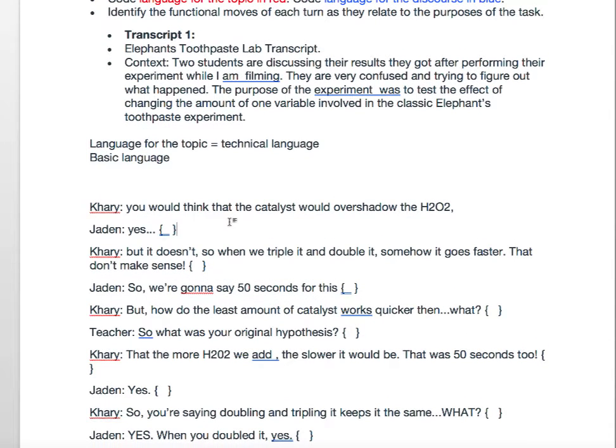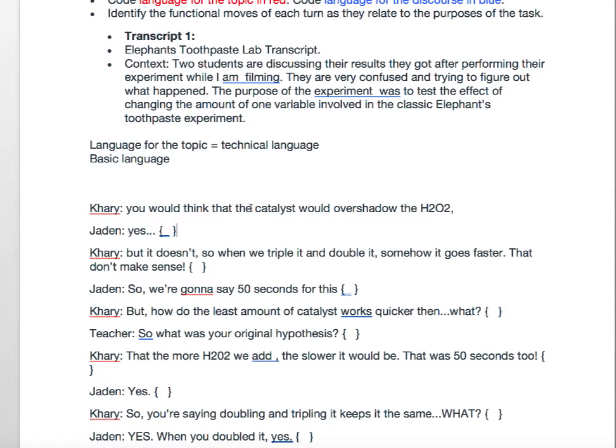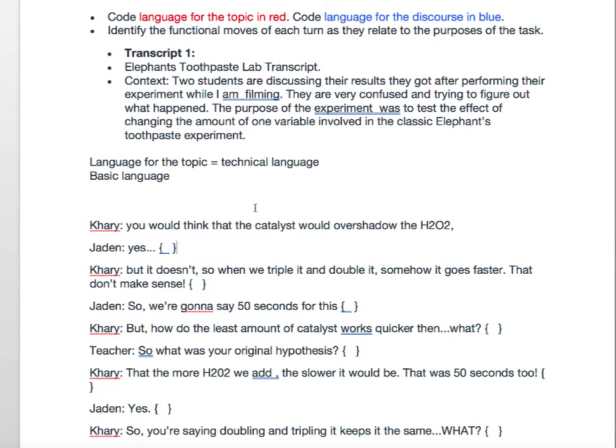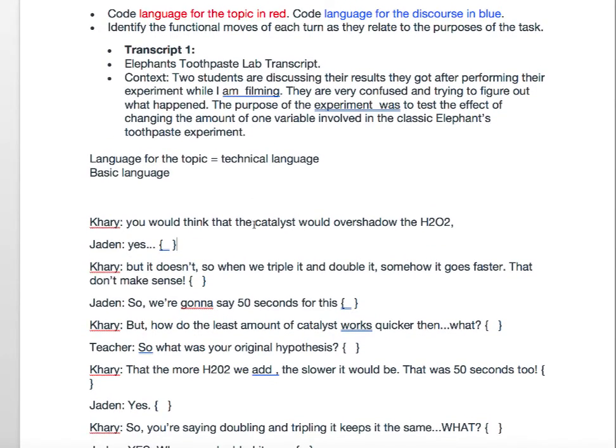So here we go. I think nouns, verbs, adjectives, adverbs, and also collocations make good targets for the language for the topic. And sometimes language functions do as well, like whole functional strings of language.